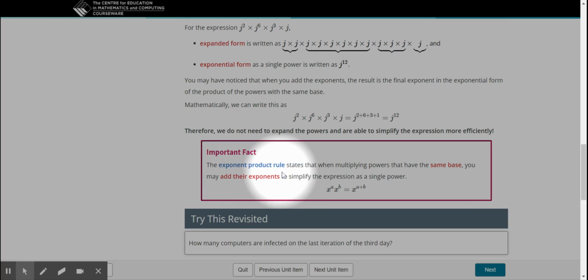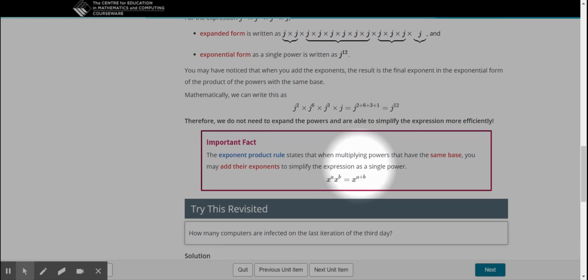The product rule states that when we multiply powers that have the same base, we may add the exponents to simplify the expression as a single power. So if we have variable x to exponent a multiplied by variable x to exponent b, where a and b are different numbers, we can just add them up as the exponent of the variable. Notice that the base stays the same, just like we saw here.